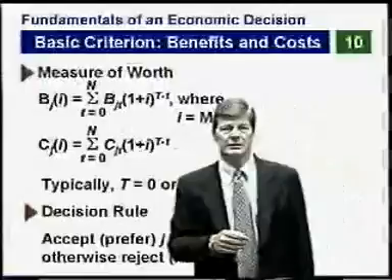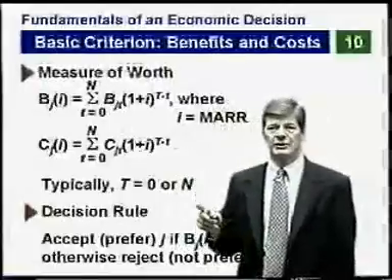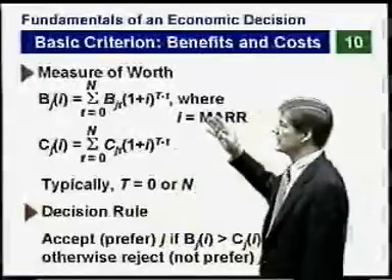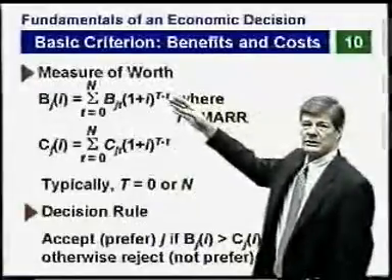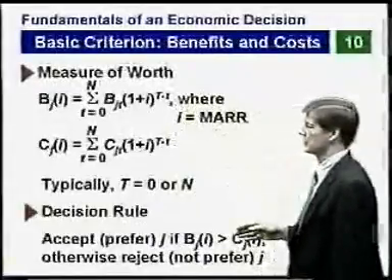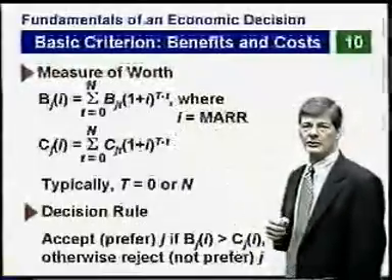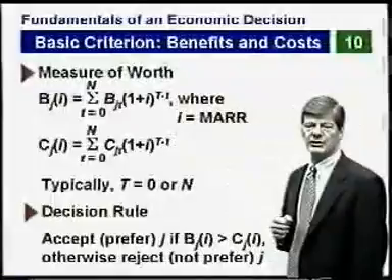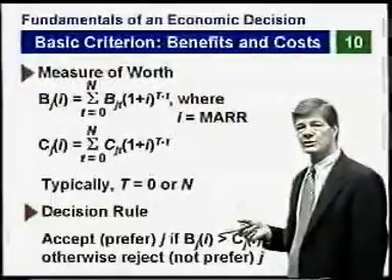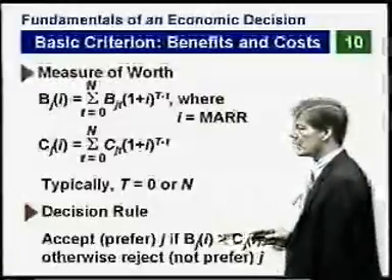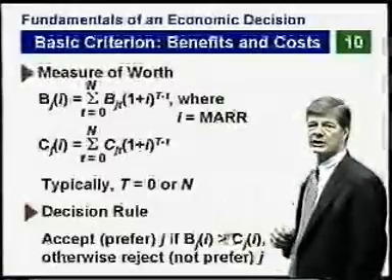Now, every criterion has a measure of worth and a decision rule. And so the decision rule for this criterion should be: if the benefits exceed the costs, then we should accept. That is, we should prefer that alternative. It is an economical course of action. If the costs exceed the benefits, then we should reject. That is, we would not prefer to have opportunity J.